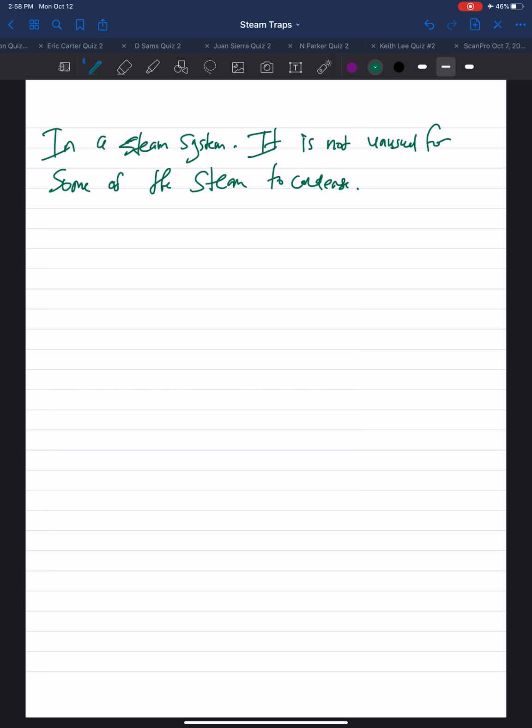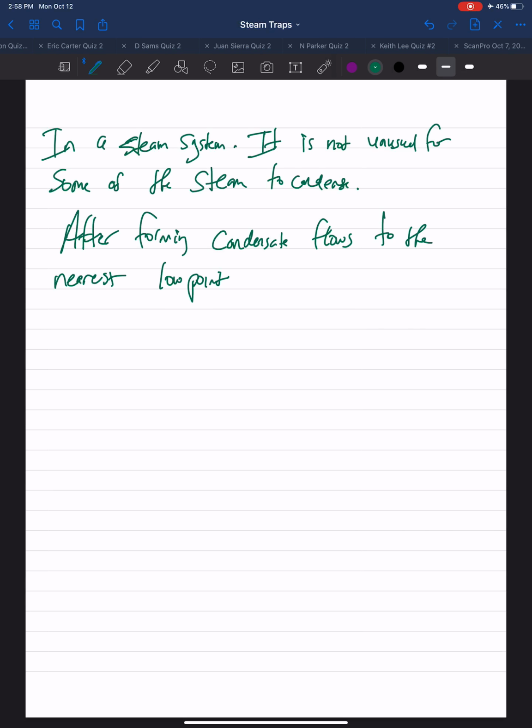So after forming, condensate flows to the nearest low point in the system.